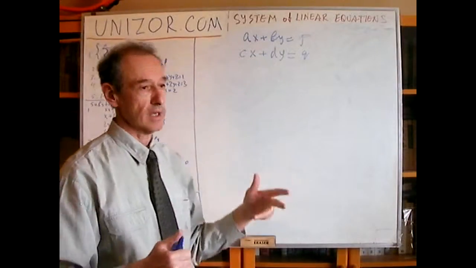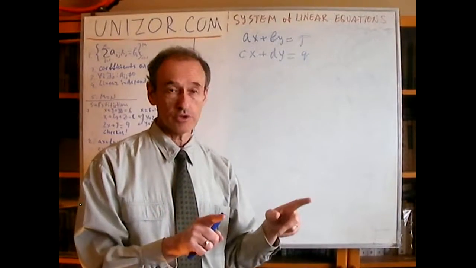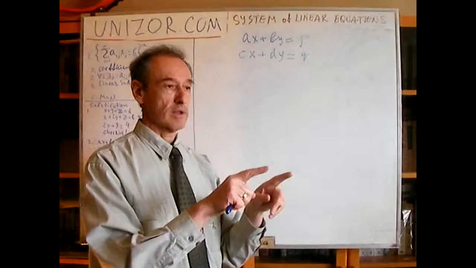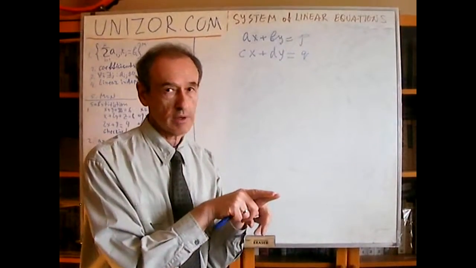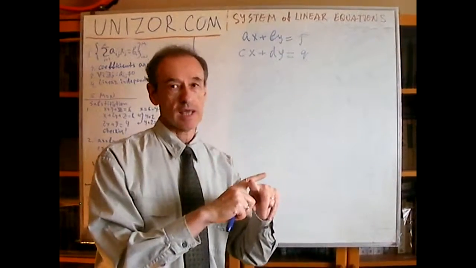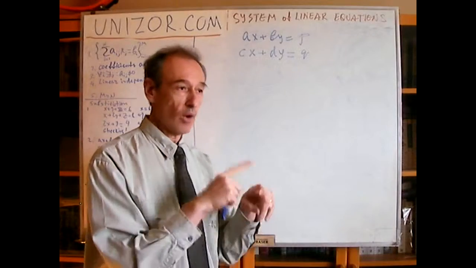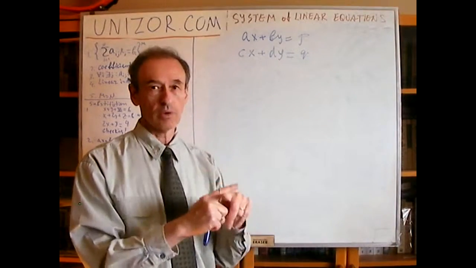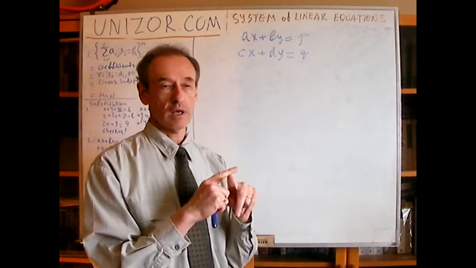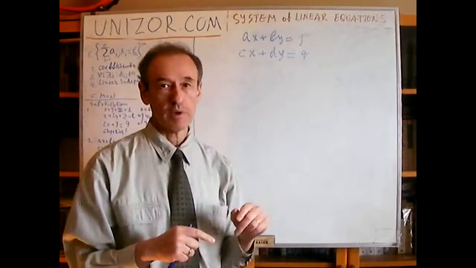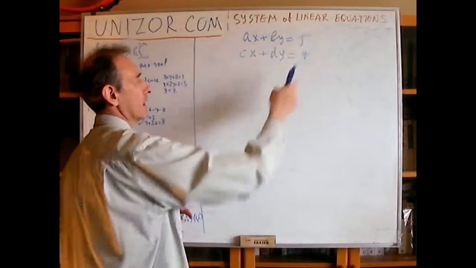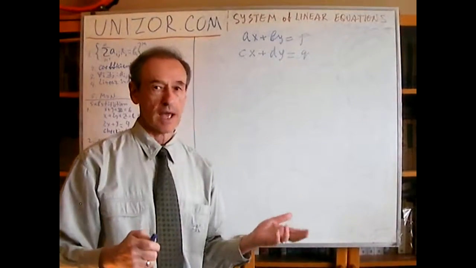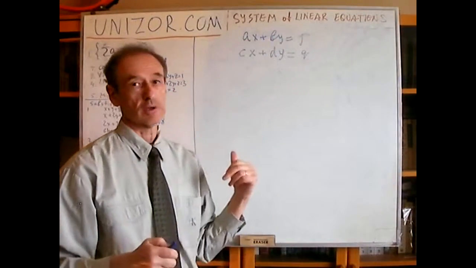Now, two straight lines can either be parallel to each other, or they can coincide with each other, or they can intersect each other. Only in case of intersection is there one and only one unique solution to this system of two equations. Because on the first line, you have all the pairs of x and y which satisfy the first equation.